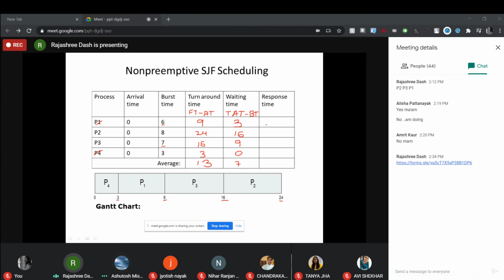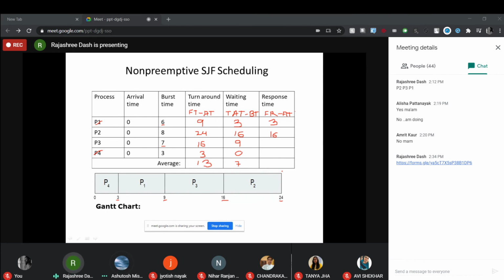Now let's find out the response time. Response time for P1. What is the first response? 3, so 3 minus 0 is 3. Now what is the response time for P2? The first response P2 got is at 16, so 16 minus 0 is also 16.